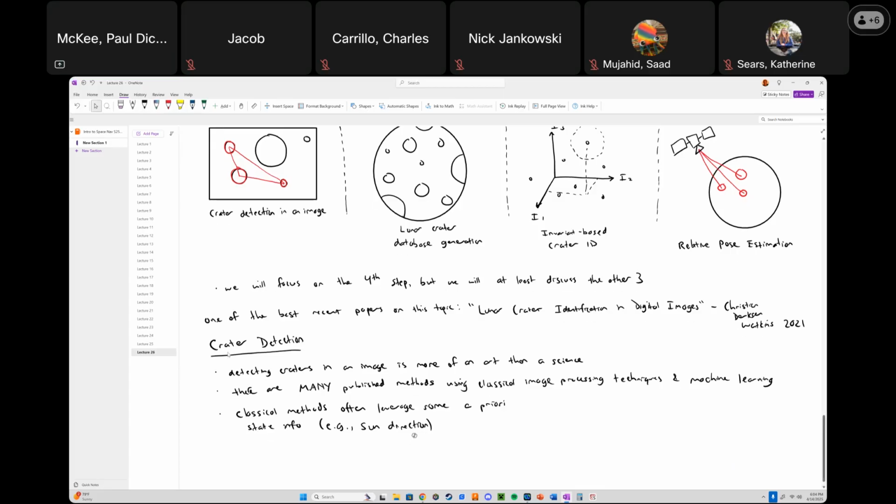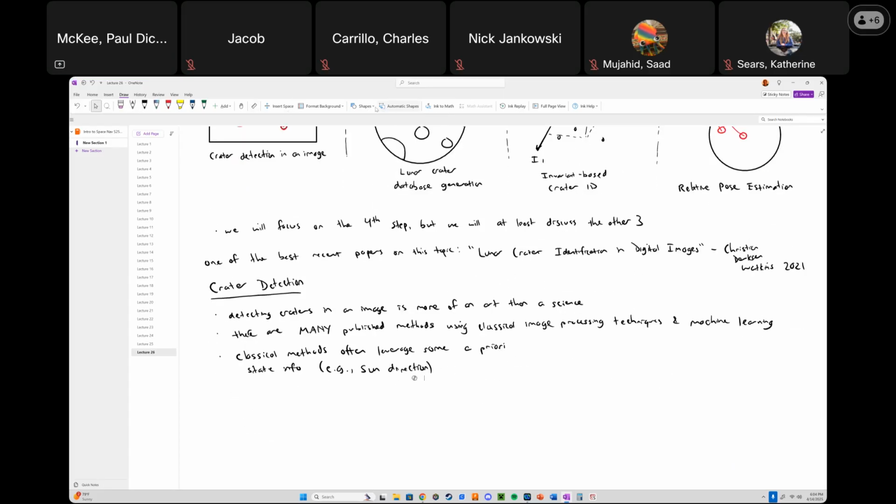Let me draw a quick little sketch of how this might go. If you look at a photo of the surface of the moon, and I don't trust myself to draw a circle very well here, there's your crater.